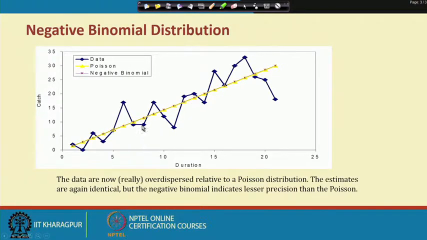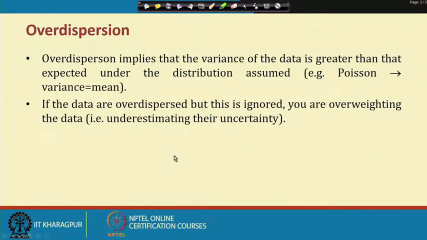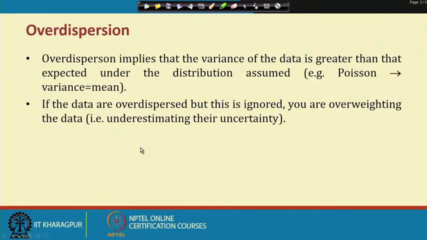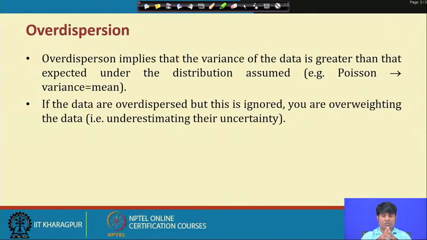This is what you can call over dispersion, which implies that the variance of the data is greater than that expected under the distribution, that is, the mean. If the variance is greater than the mean, that is over dispersion, and that is the situation where we can use negative binomial regression.